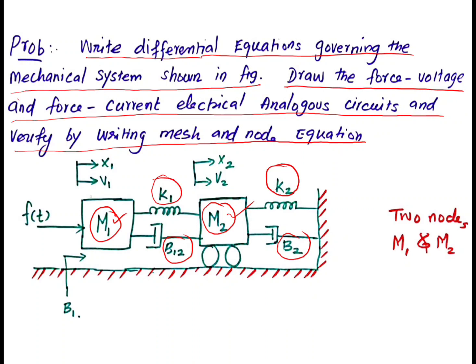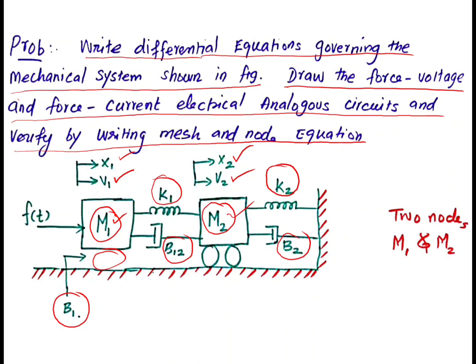The displacement with respect to mass element 1 is x1 and the velocity is v1, and the displacement with respect to M2 is x2 and the velocity is v2. The friction between the mass element and the reference is represented by b1.